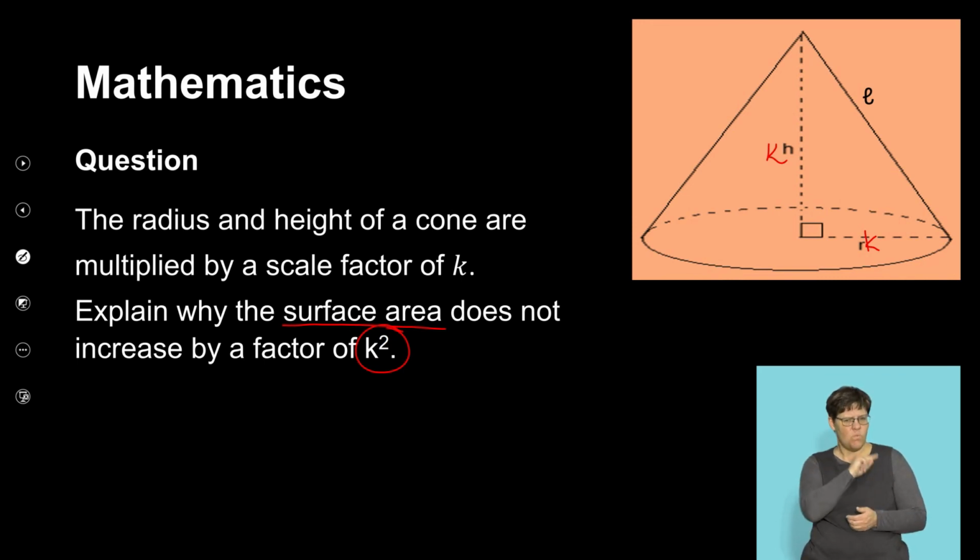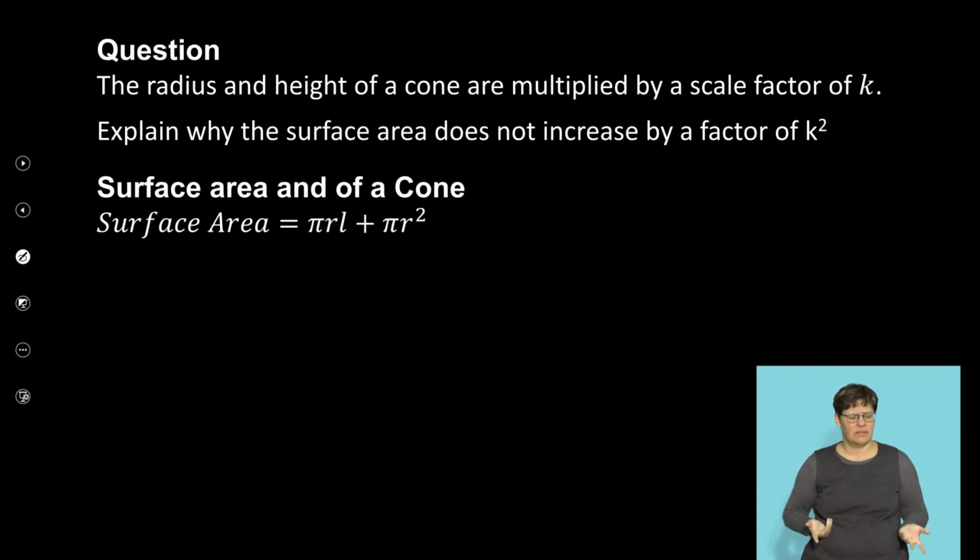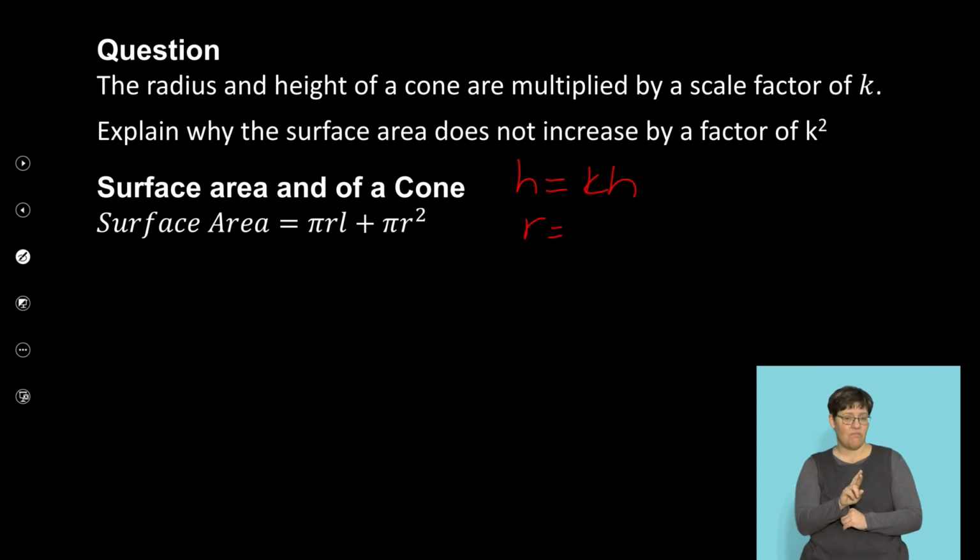We want to know, why is the surface area of a cone the exception to this rule? So the surface area of the cone is equal to pi r l plus pi r squared. But my new height is kh and my new radius is kr.